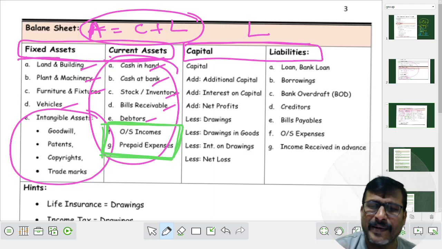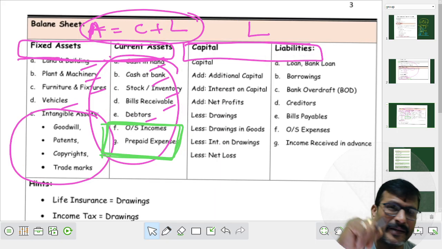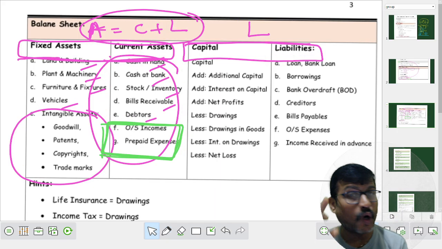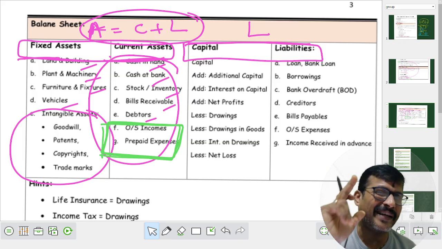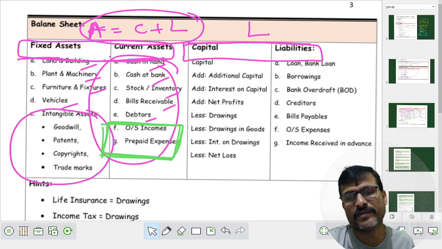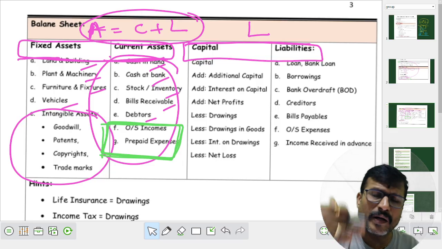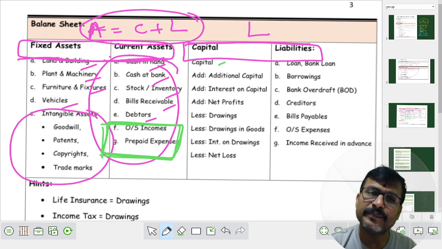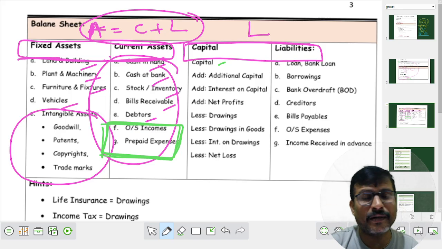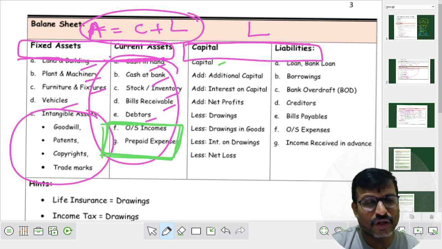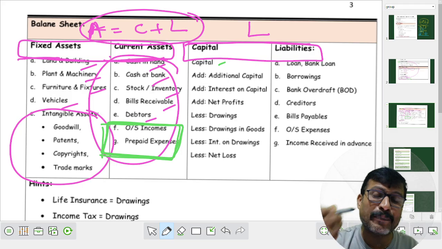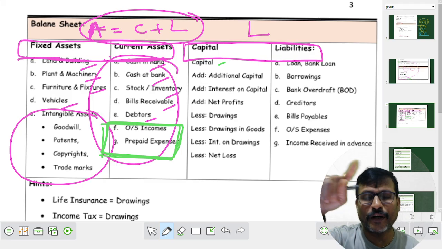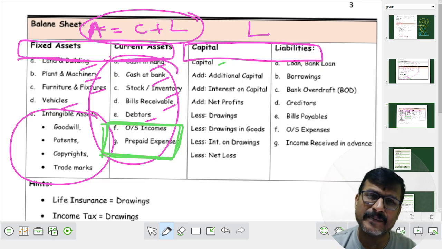When it comes to the liability section, we have capital and liability. Capital is the owner's fund, liability is the external fund, my dear students. How to work out the answer for capital? Take the capital from the problem, add the additional capital, add the interest on capital, add the net profit, because they are going to increase the capital balance.